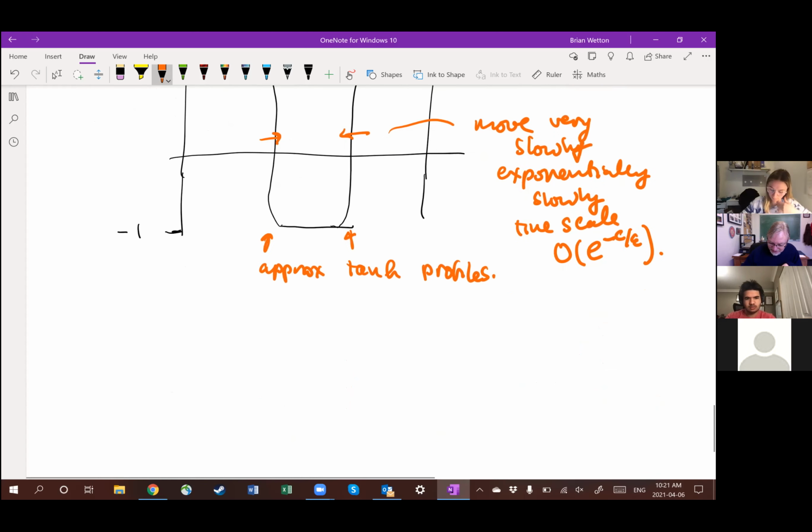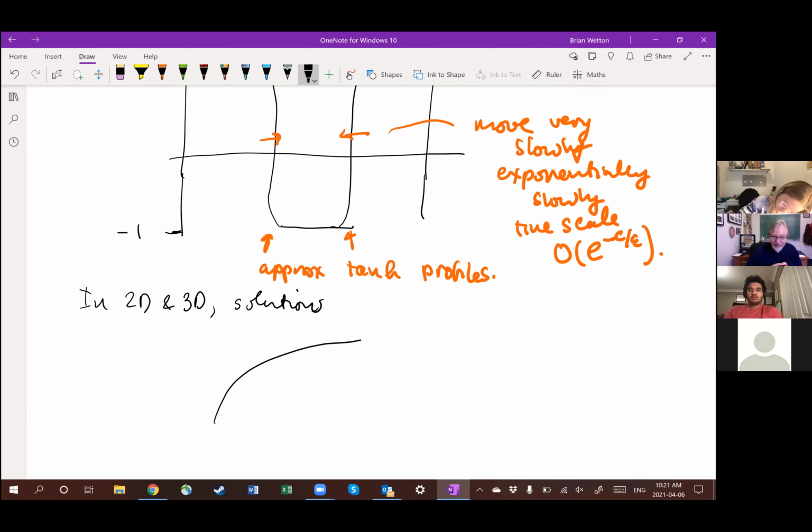In higher dimensions, things are a little bit more interesting. Then you have solutions where you have interfaces, right? But they're not straight interfaces, right? So you're going to have u approximately equal to plus 1 and u approximately equal to minus 1. And you can talk about an interface, but it's not an exact interface, right?